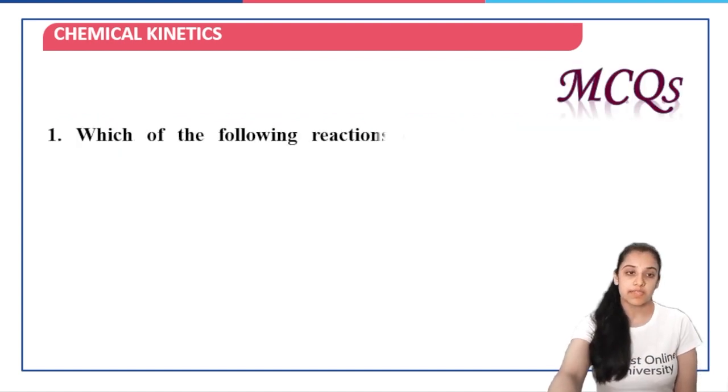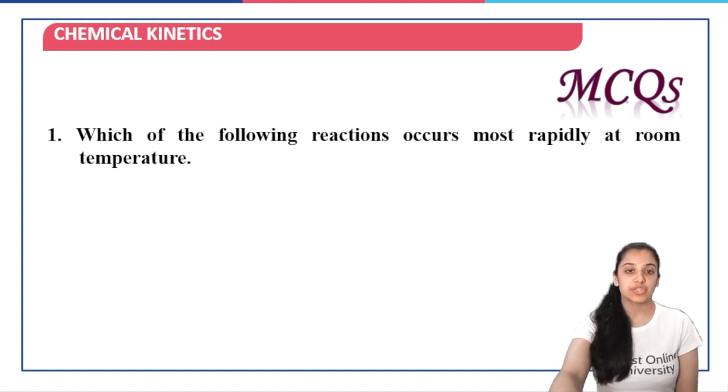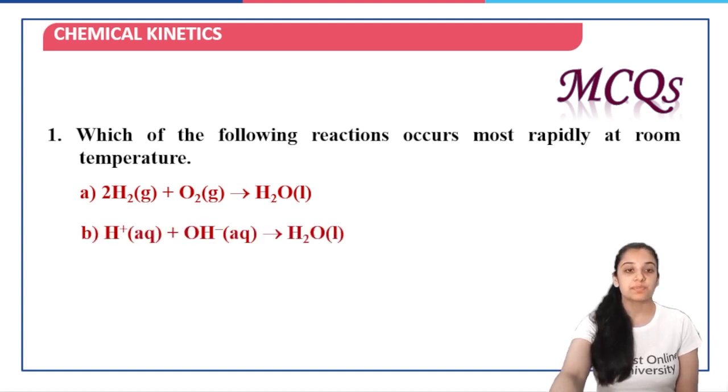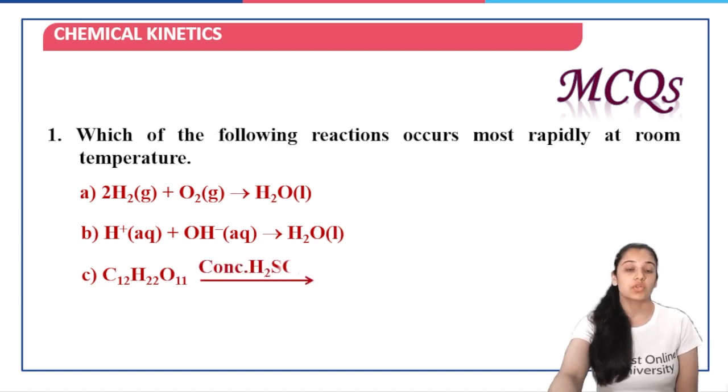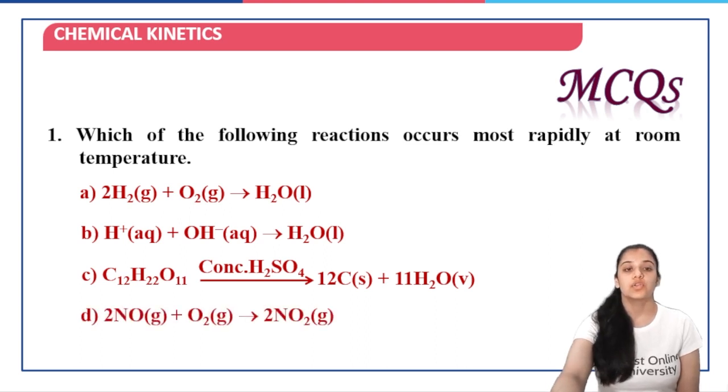Let us solve an MCQ. Which of the following reactions occurs most rapidly at room temperature? H2 combining with O2 to give water, H plus plus OH minus giving water, sucrose in the presence of concentrated H2SO4 giving 12 carbon plus 11 H2O, or 2NO combining with O2 to give NO2.